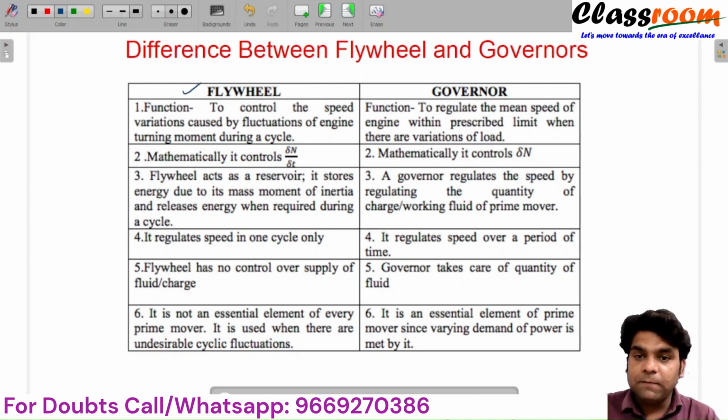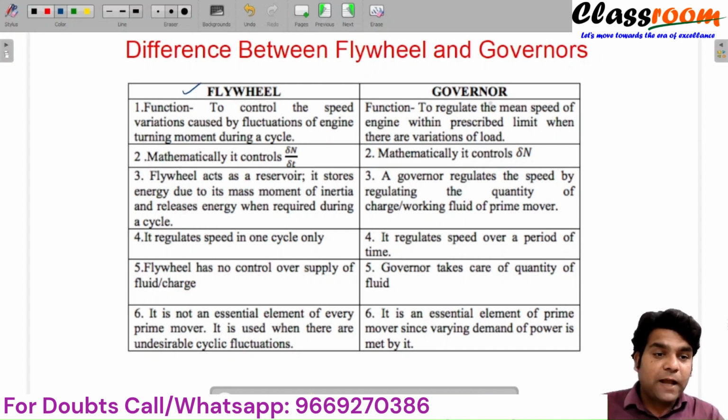Here the flywheel's function is to control the speed variation caused by the fluctuation of the engine turning moment during a cycle. So there is a variation in the turning moment value during a cycle. We earlier discussed this. The turning moment value continuously changes as the crank angle increases from 0 to 180 and 180 to 360.